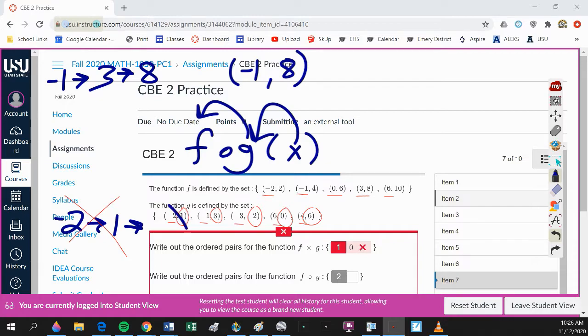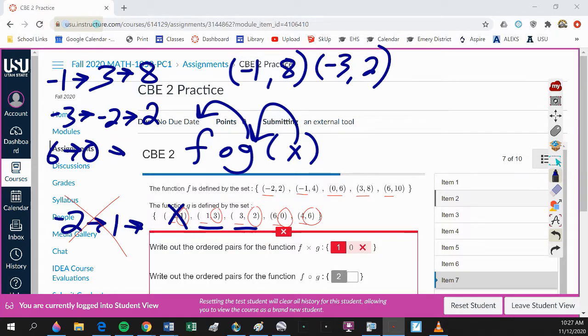Okay, so this one didn't work. Now we try the next one. -3 gets turned into -2. Does -2 turn into anything in f? A 2. So we skip the middleman. -3 comma 2. Now, this does make a lot of sense. You actually do this a lot in mathematics. Okay. So both of those worked. 6 gets turned into 0.